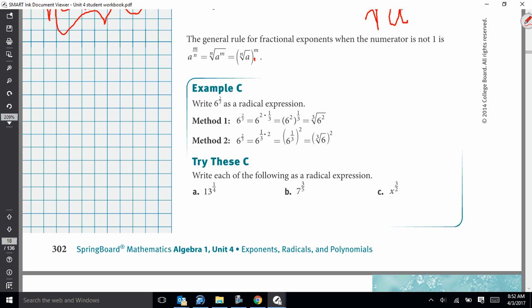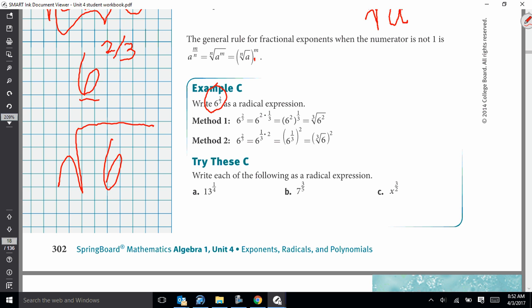So what's important to know here? What's our base? Our base is 6, so we can draw our root and put our 6 inside. What's our index on our root? How many do we need on the inside to make one on the outside? 3.